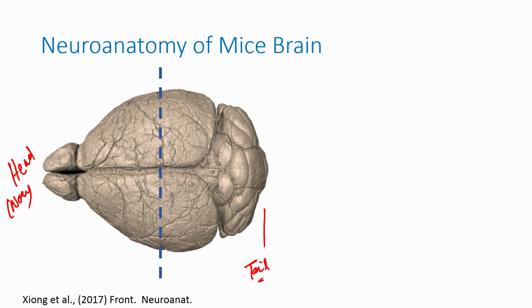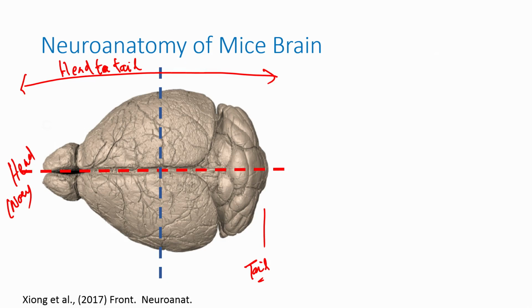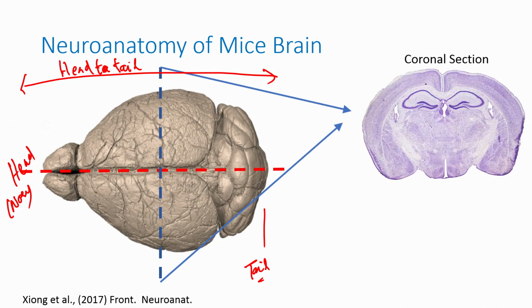So, when you orient the mice brain in this way, and take a plane perpendicular to the rostrocaudal axis, the head to tail axis, and then flip it around so that we can see it in a plane, that is how it looks.